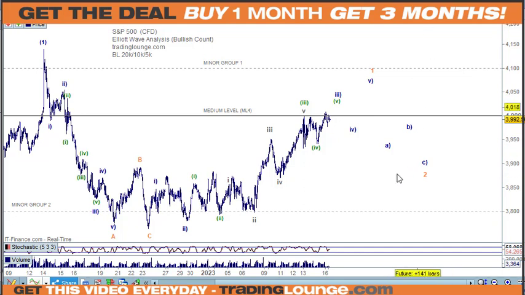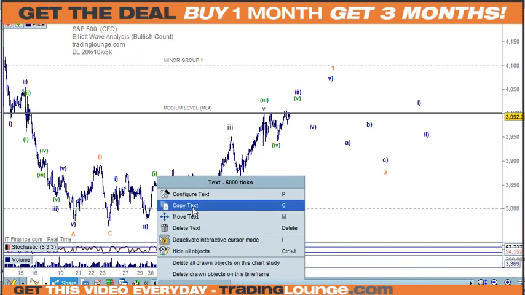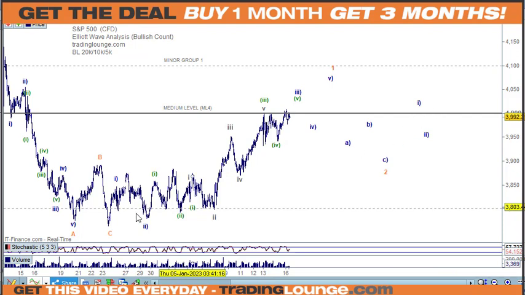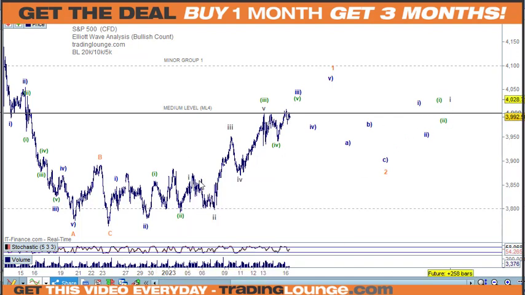Don't feel like you're missing anything, because when this starts to build over on this side, we're going to get a series of wave 1s and 2s in here. There's going to be a whole series of them, just like there is here, but hopefully we'll end up moving a little bit more to the upside.